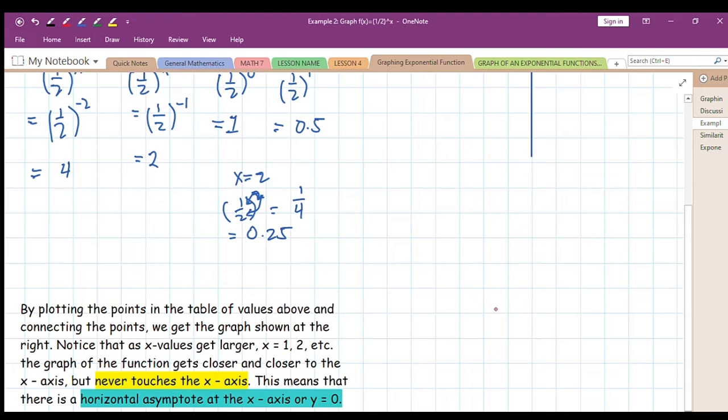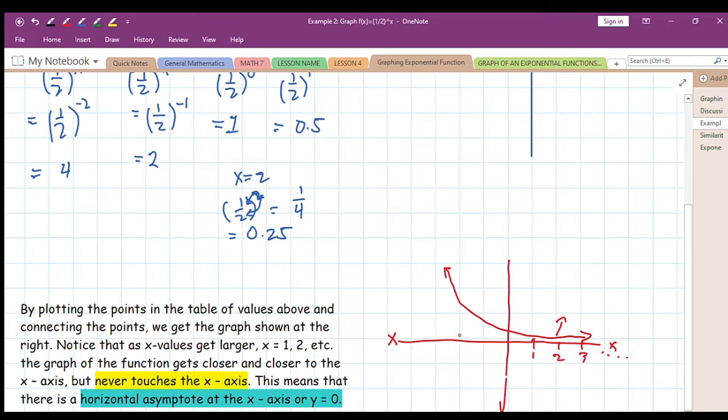So we have this graph, the one above. As the x value gets larger and larger, so we have 1, 2, 3, and so on, the graph of our function will get closer and closer to our x-axis, but it will never touch this x-axis.